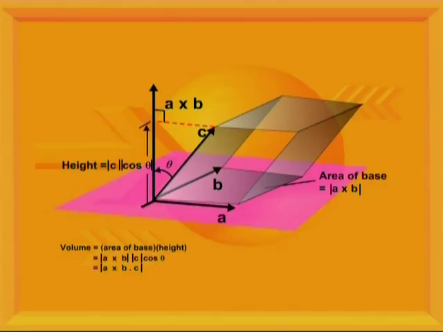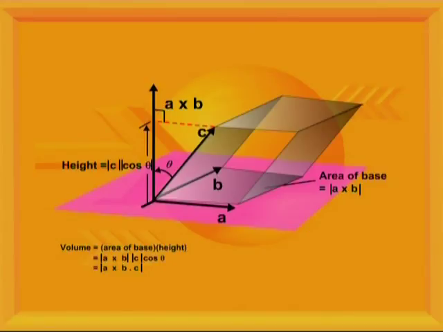Now C cosine theta will give you the height of this parallelepiped, and we know from elementary geometry that area of the base multiplied by the height gives us the volume of this parallelepiped. So this triple scalar product gives us the volume.